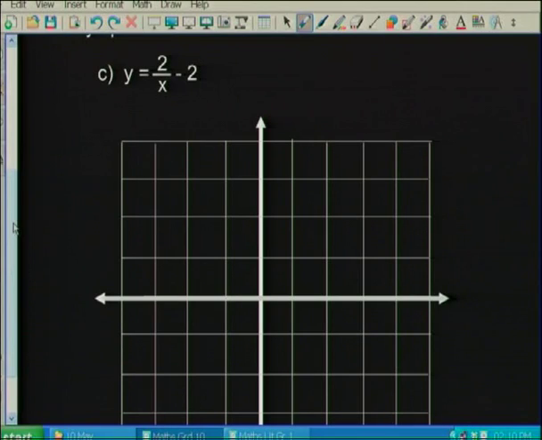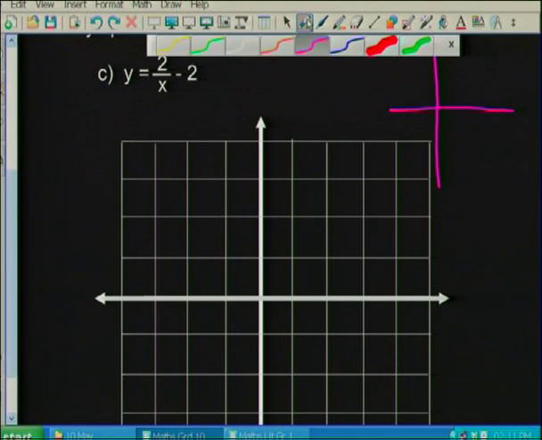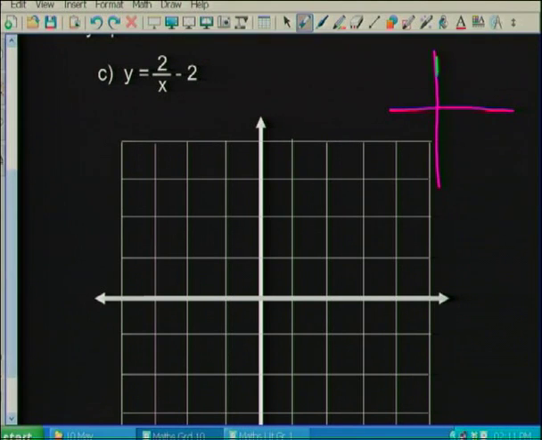Right, let's have a look at the next question. Y is equal to 2 over x minus 2. Now, again, I have a hyperbola, and again, my vertical asymptote will be the y-axis.